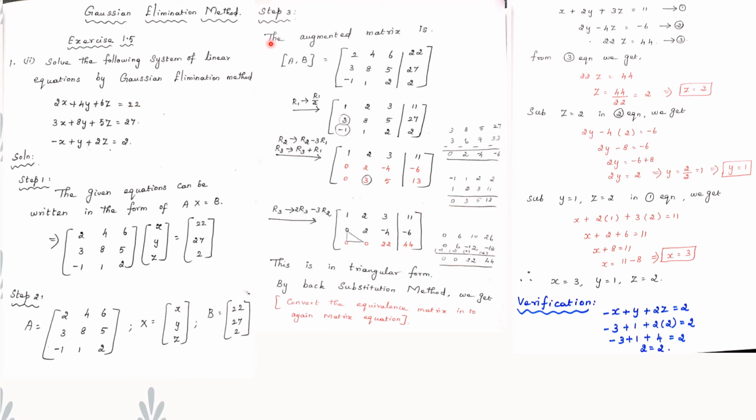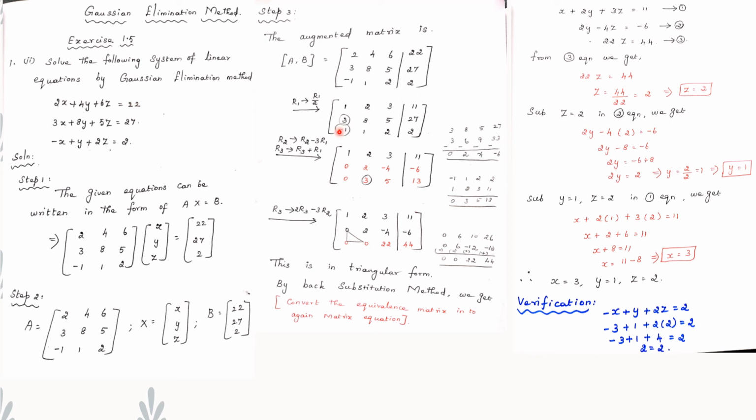In step 3, write the augmented matrix AB, that is A matrix and B matrix. We are combining A and B matrix as a single matrix. For our identification, we separate the A matrix and B matrix. Then for our convenience, we divide the first row by 2.